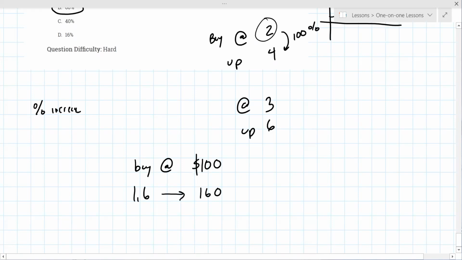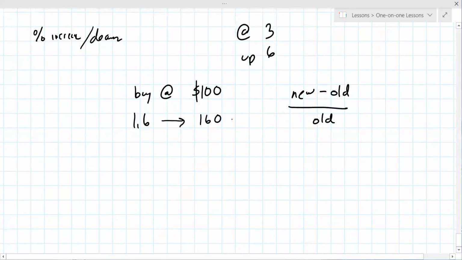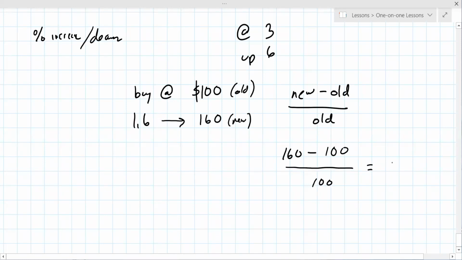So the percent increase or decrease is a known formula. It's the new minus the old over the old. This is your new price. This is your old price. So it's 160 minus 100 over 100, which is 60 over 100, which is 0.6.